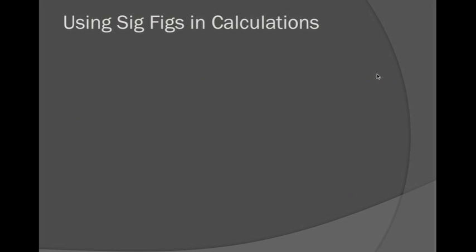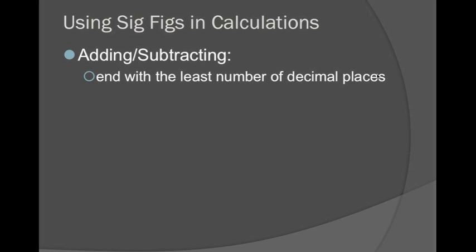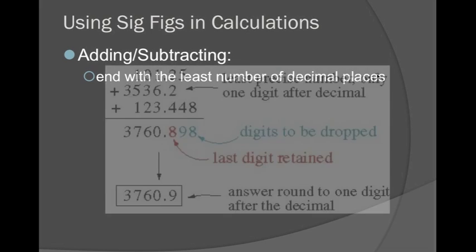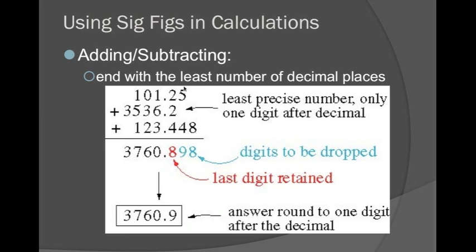Now, using significant figures, guys, if you have a problem with significant figures, you need to go back and watch the video. It's back in chapter 2 on this. Now, calculating with significant figures, when we're adding and subtracting, we always end with the least number of decimal places. What that means is we're looking at the least precise number.